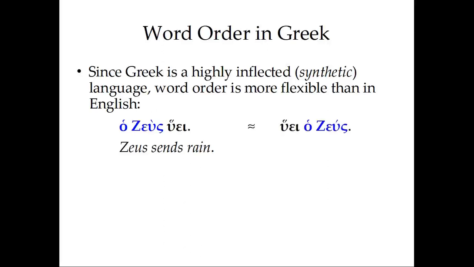We've switched the order of the words, but it means something equivalent. There are different connotations that different word orders have. We'll talk about those later on. For right now, we can think of these two sentences as functionally equivalent. Zeus sends rain, ho Zeus huēi, or huēi ho Zeus.